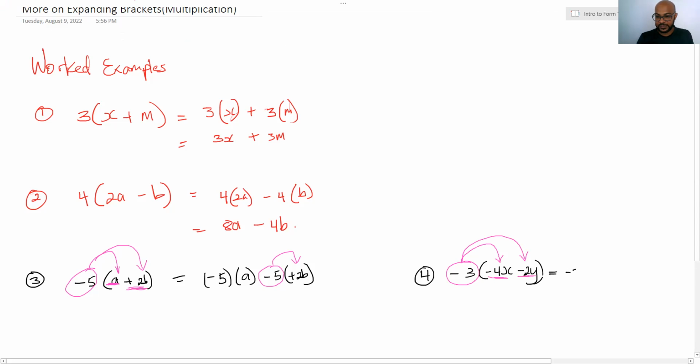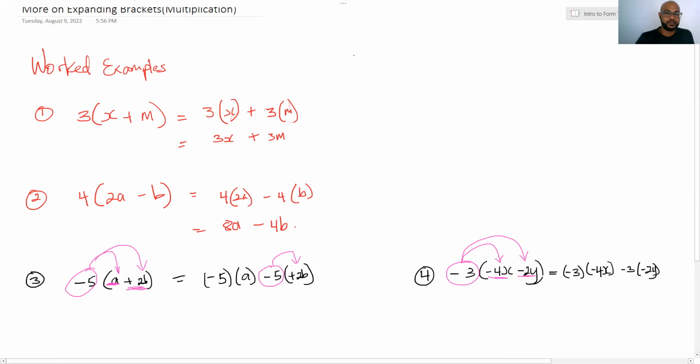I would have negative 3 multiplied by negative 4x, right? And then another negative 3, and I don't necessarily need to put this in brackets, multiplied by the negative 2y.